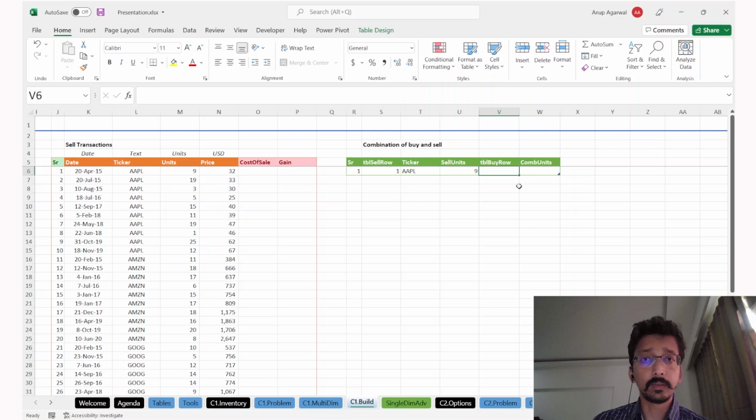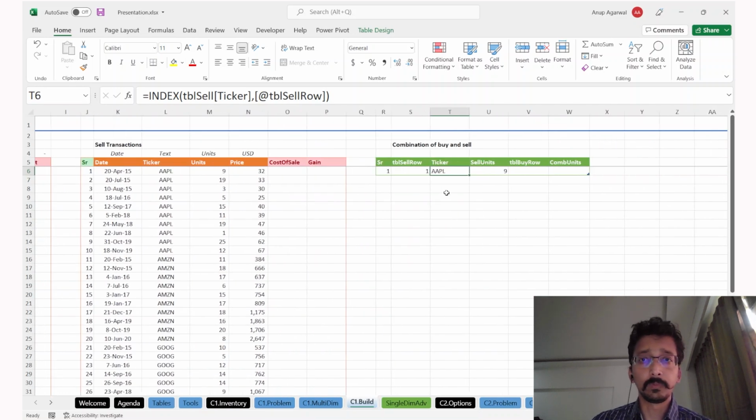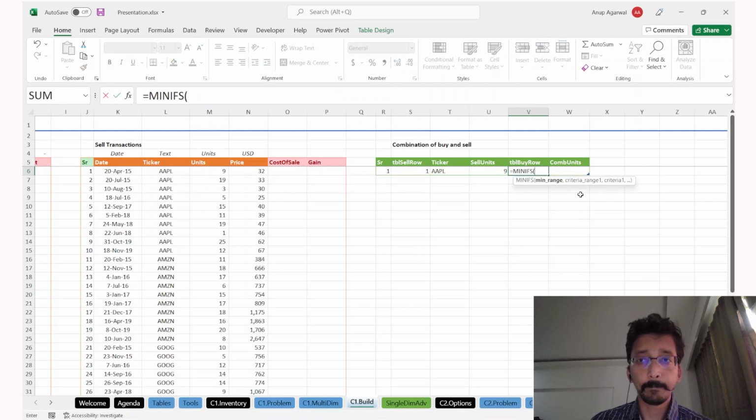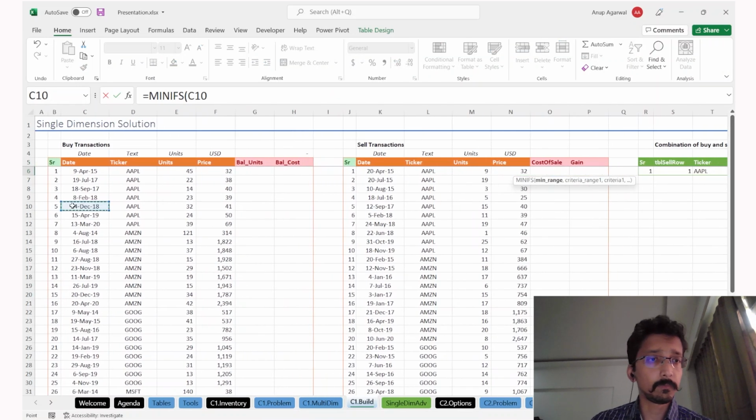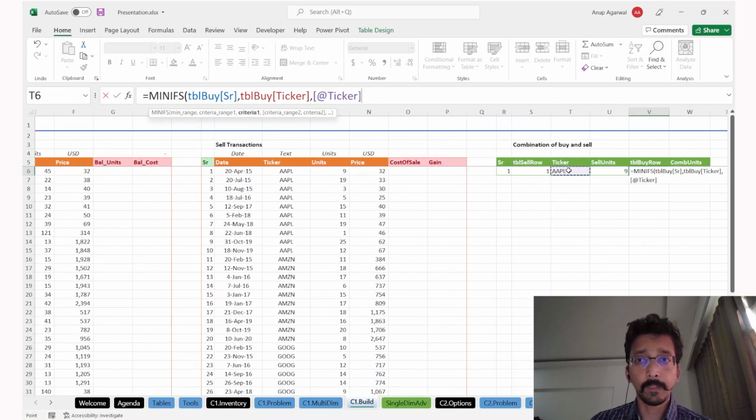And then the table by row. So the Apple stock is on the first row, but we want to get that from a formula. So I'll write MINIFS: what is the first serial number where the ticker is Apple?